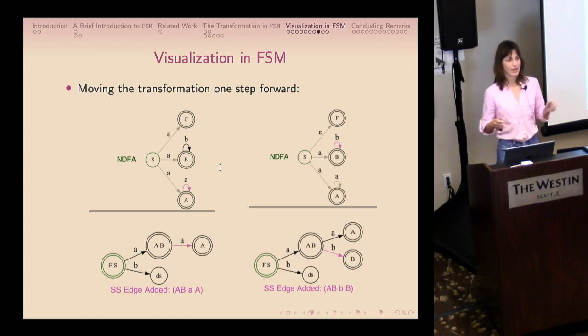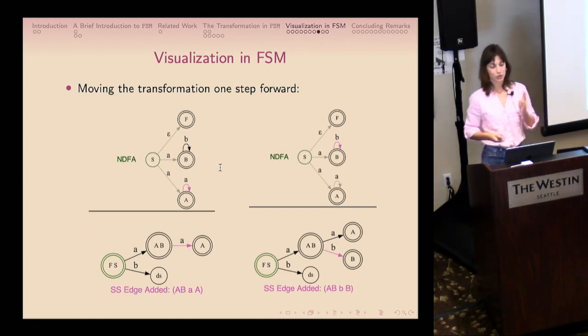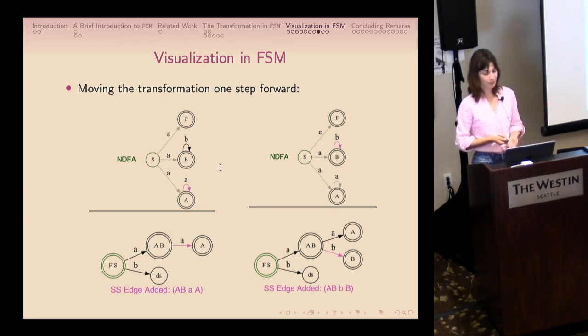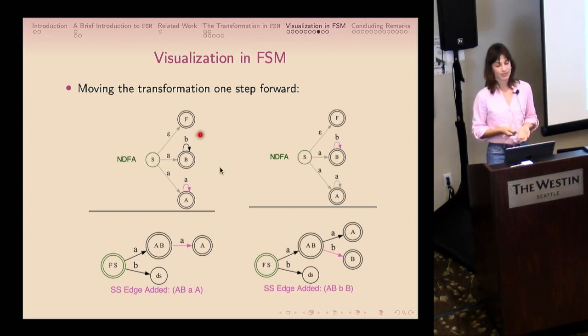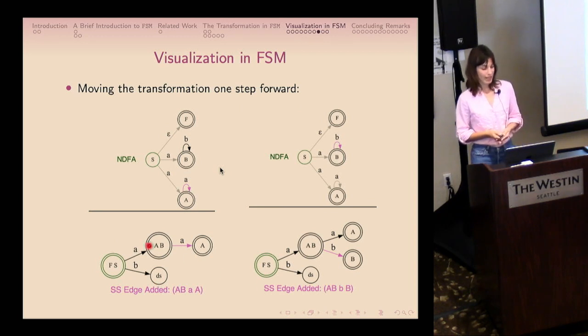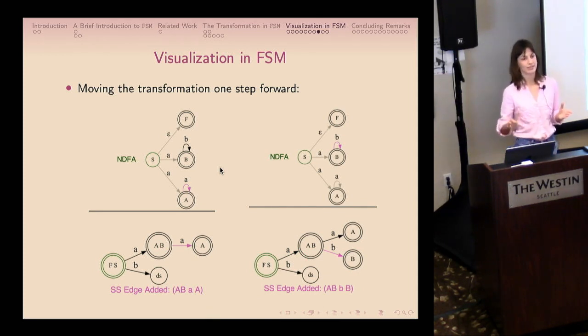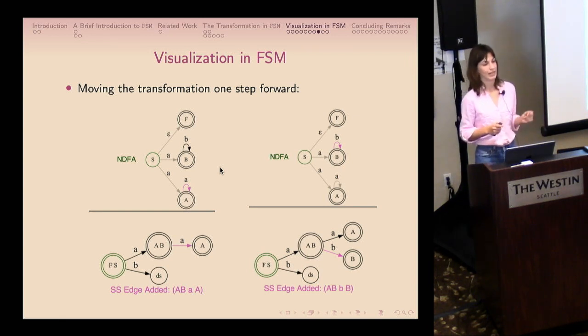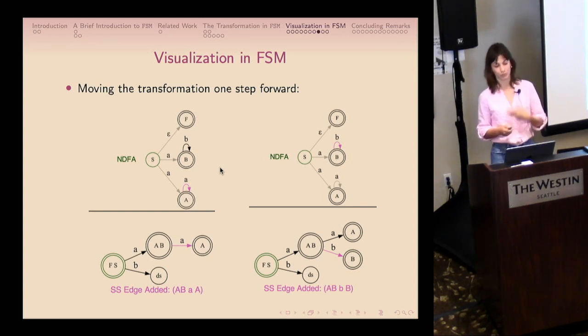So instead of bugging you with this big chunk of code, I'm going to show you what happens with these processed and unprocessed edges in a more visual form. When we move the computation one step forward, one edge from the unprocessed DFA edges becomes a processed DFA edge. In this case, it's that edge, AB on a B to B. That one gets moved from unprocessed to processed edges. In the DFA, every one step forward, it's always just going to be one edge moving from unprocessed to processed.